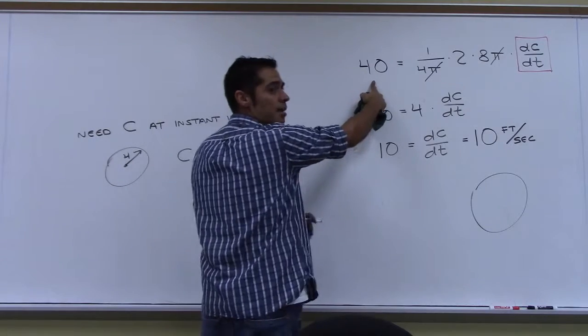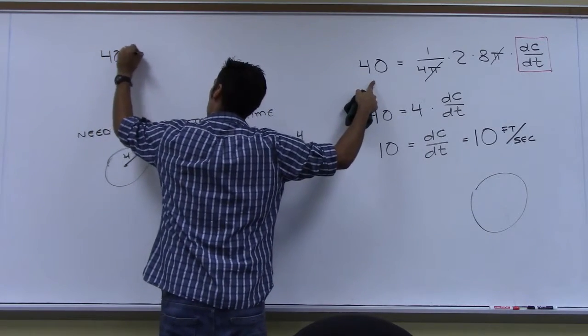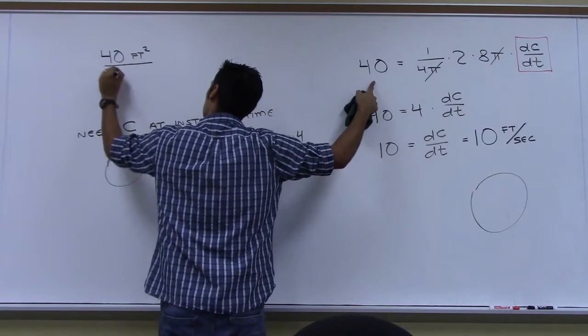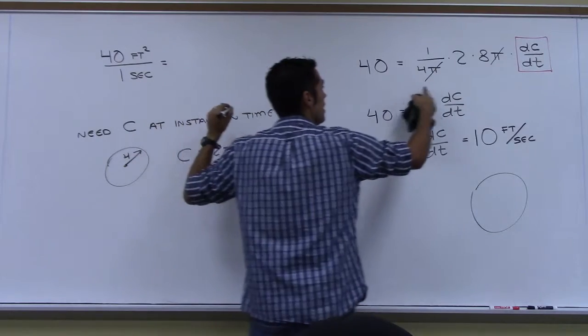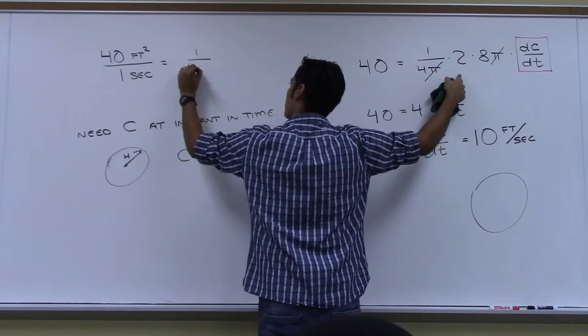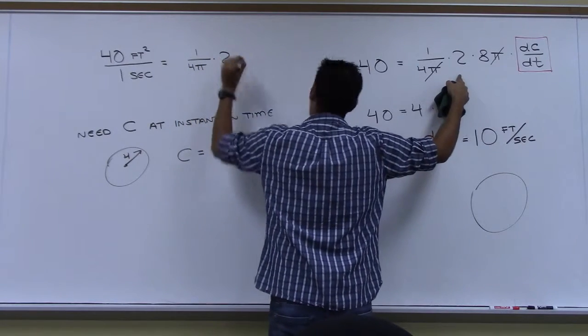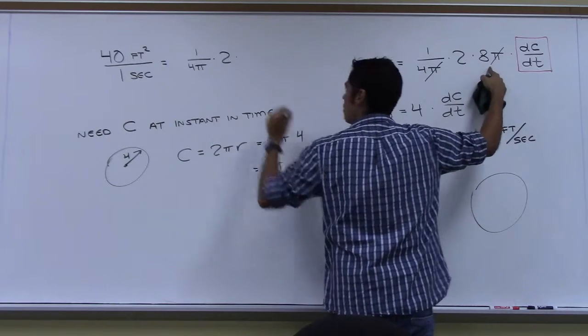So I'm going to rewrite this right here. It's 40 square feet per 1 second. And then over here, 1 over 4 pi times 2 times, what was that, circumference? Circumference was measured in feet.